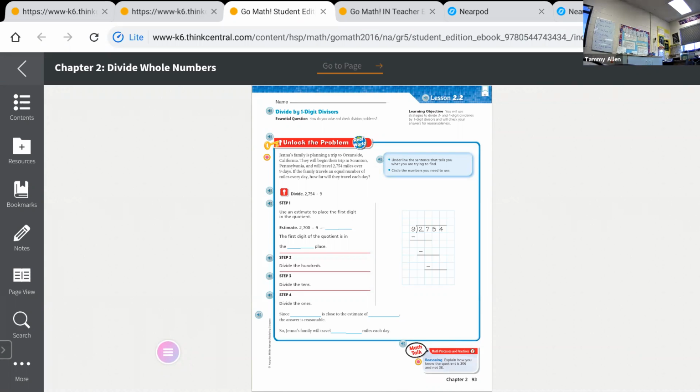All right, we take a look at page 93. We've got a nice story problem there.